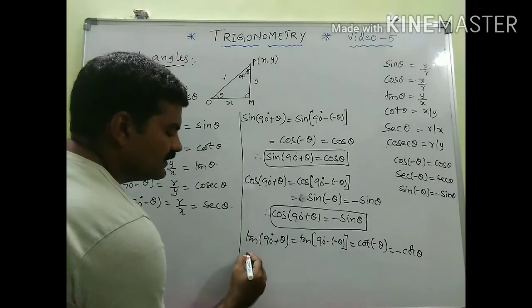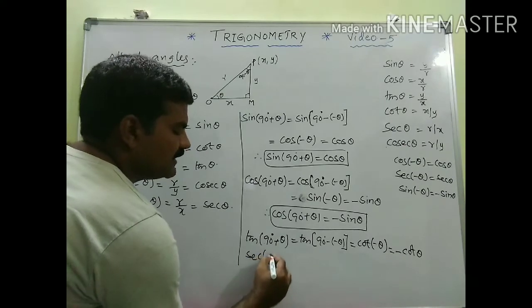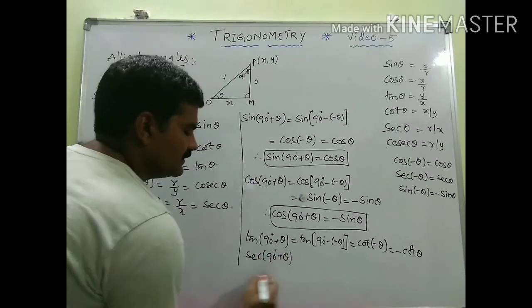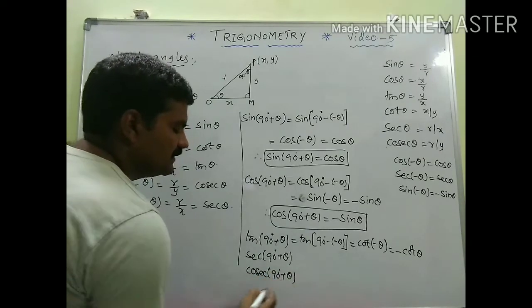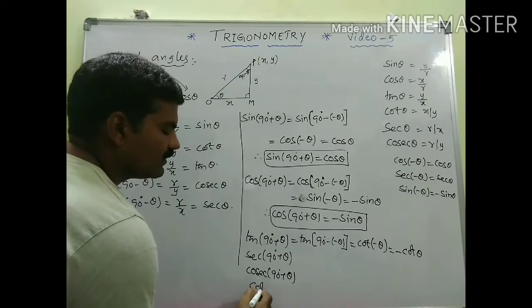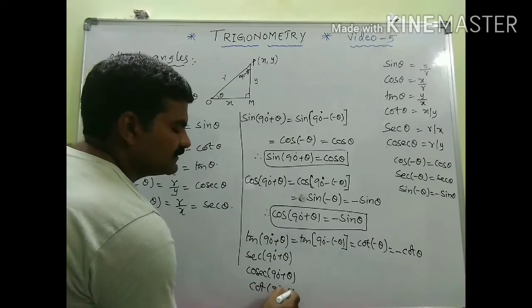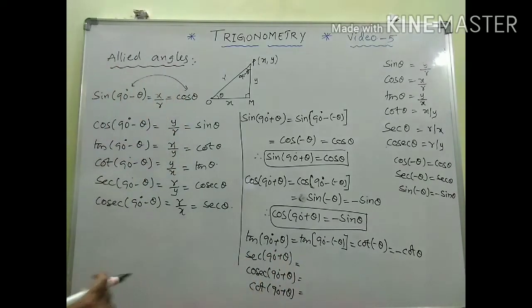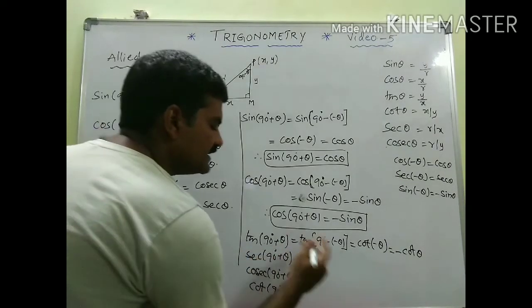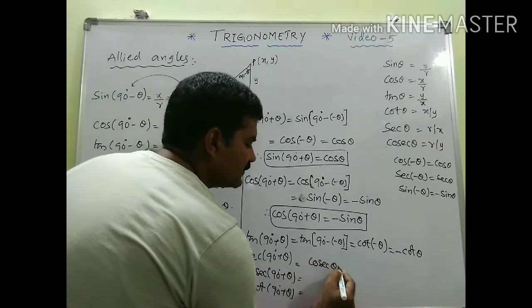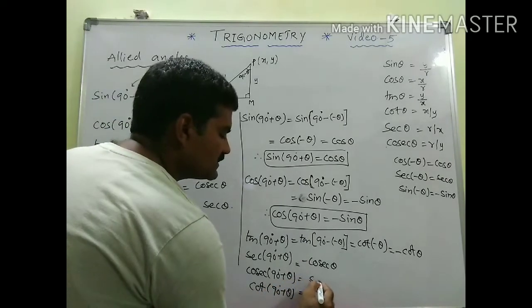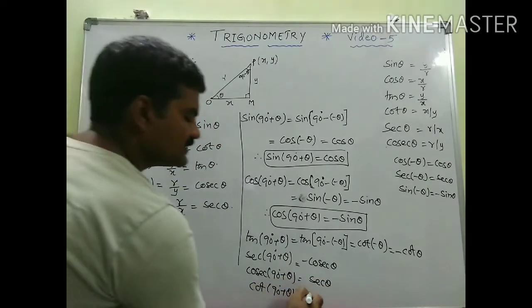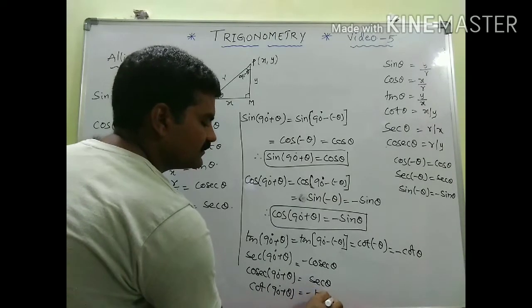And next, secant of 90 plus theta, cosecant of 90 plus theta, and cot of 90 plus theta. Because of 90, secant changes into cosecant theta followed by minus. Even cosecant changes into secant theta but positive. Cot changes into tan with negative.